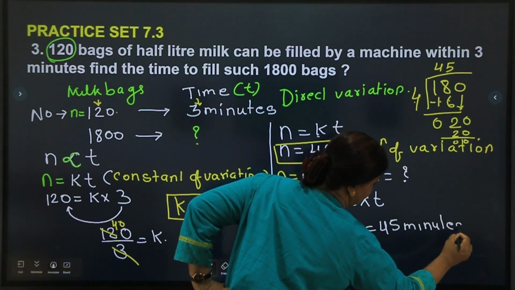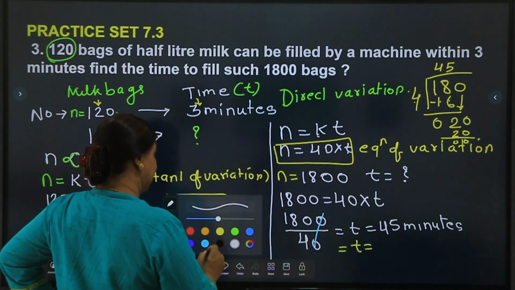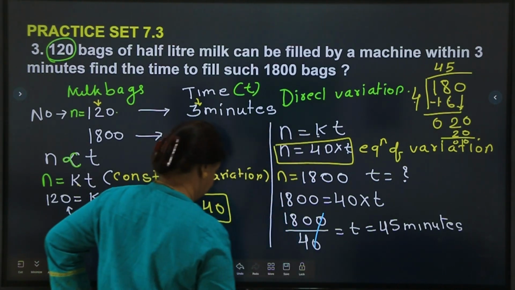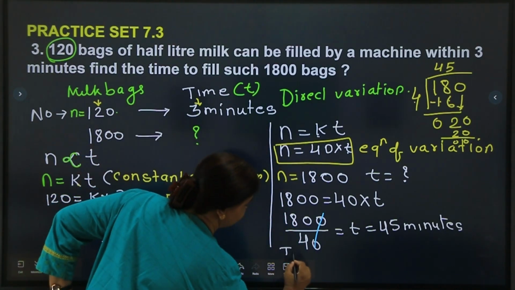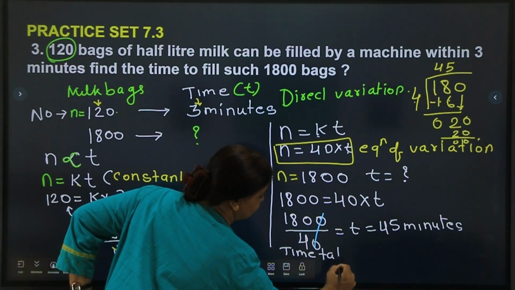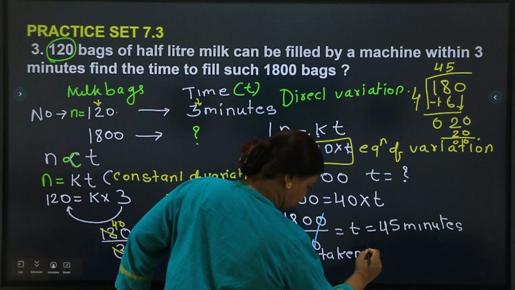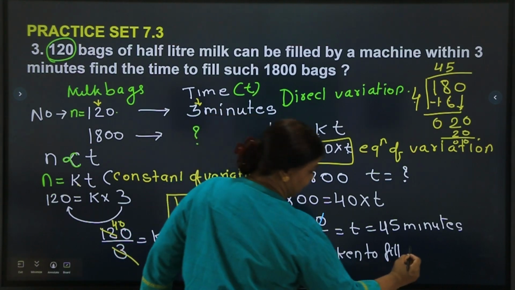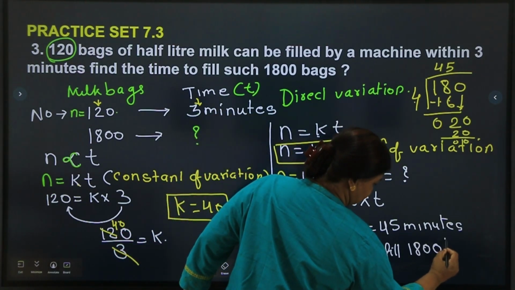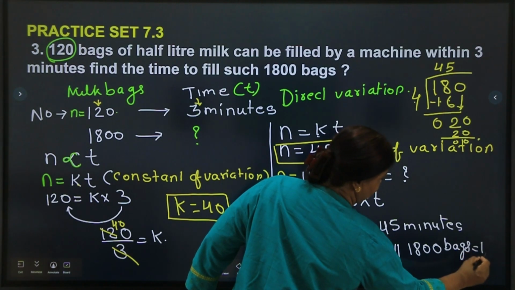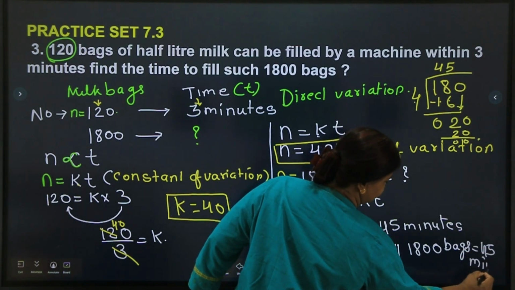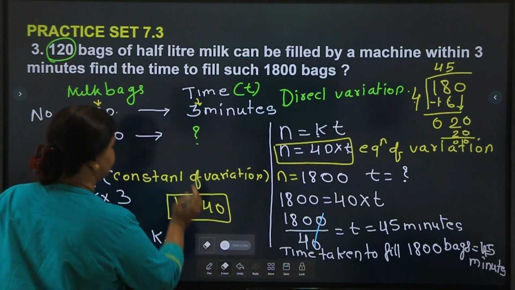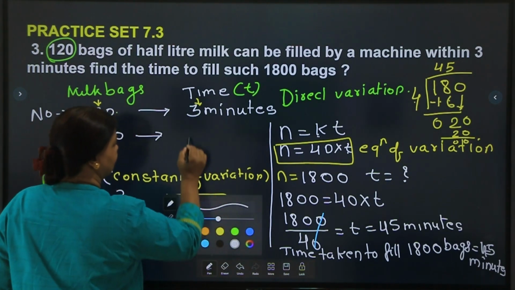Now finally, when you are writing the answer, you will be writing the statement, and the statement will be like this: time taken to fill 1800 bags is equal to 45 minutes. So we can write it here, 45 minutes.